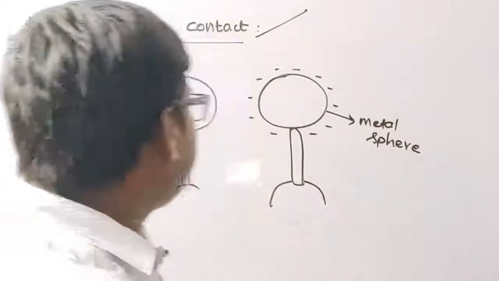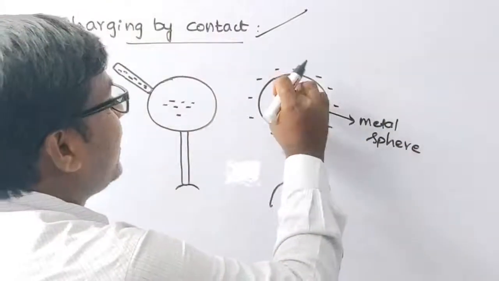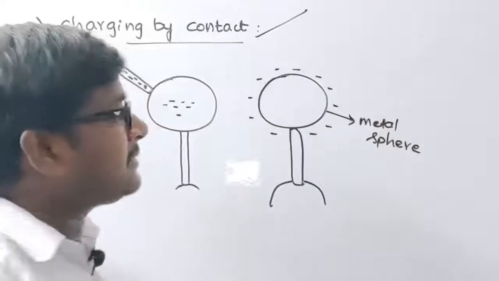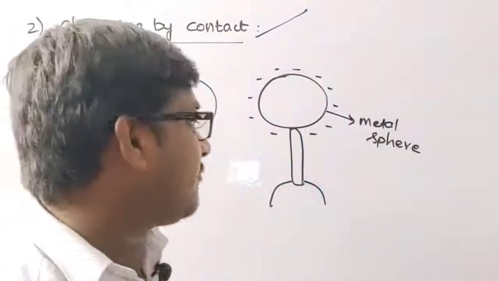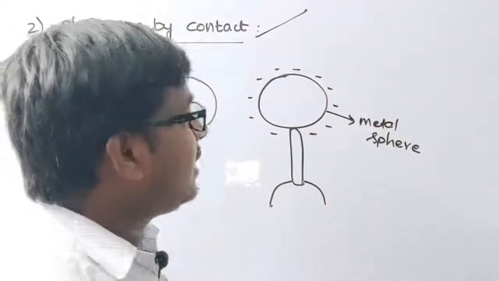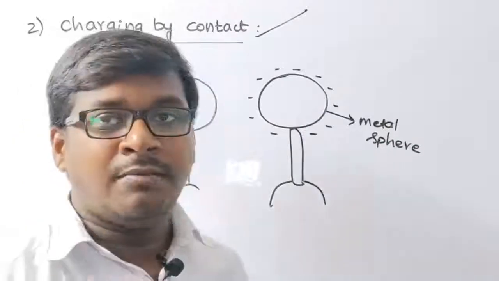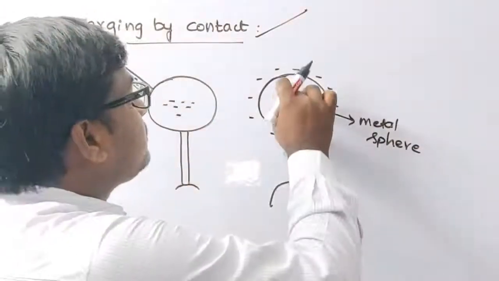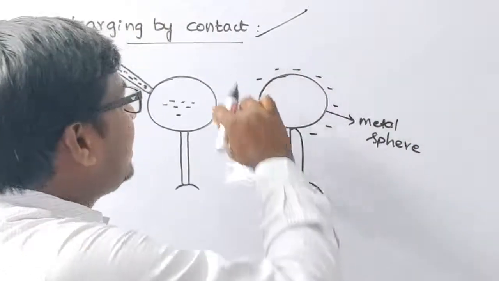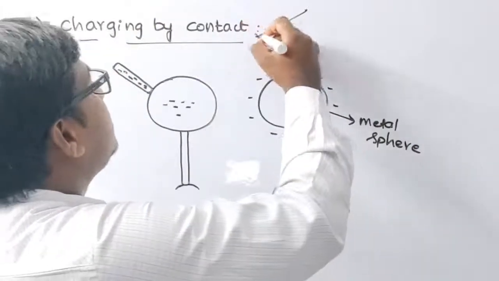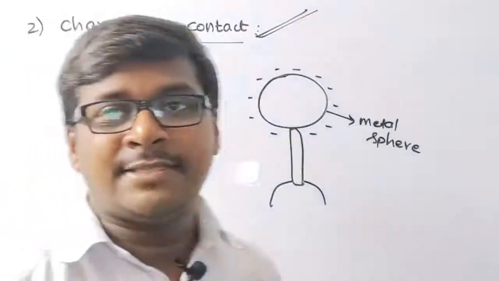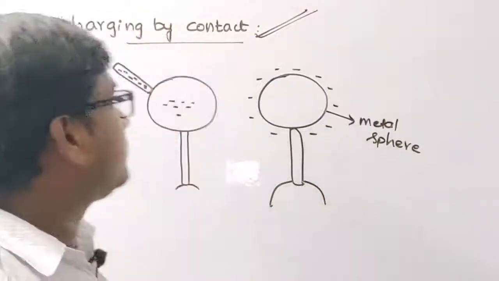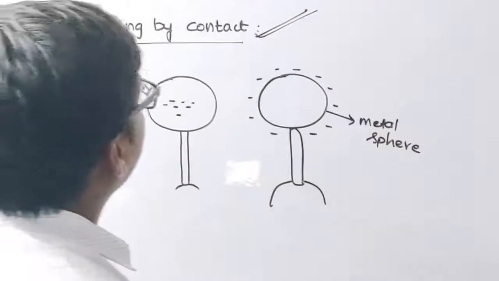After that, the electrons spread out over the entire surface of the metal sphere. These two are in contact with each other, that is the charging by contact. Very simple.